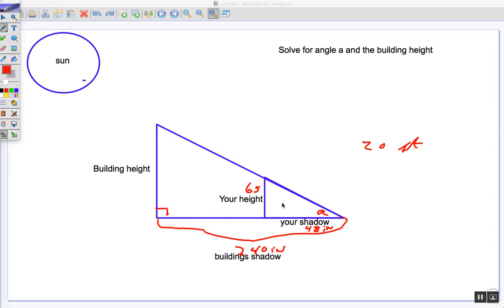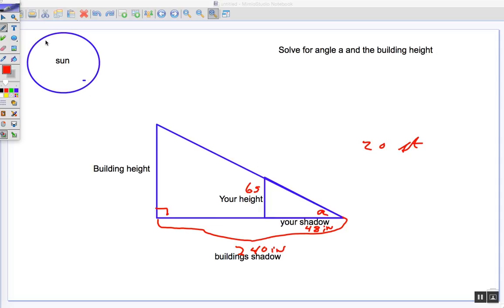But if you were limited on information, you could certainly use proportions to help you solve for the sides. So here we have angle A is what we're looking for. We have the side opposite angle A, which is 65, and the side adjacent, which is 48. So we have opposite and adjacent, and we want to know A.